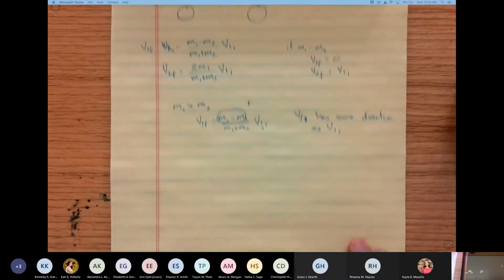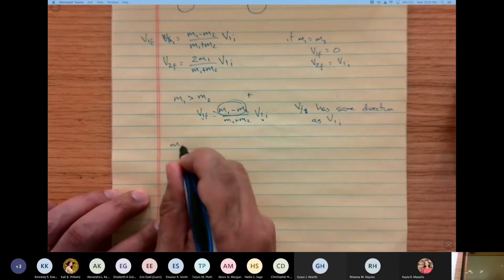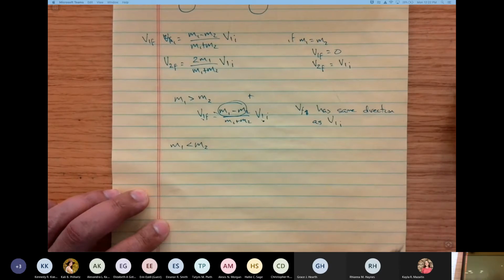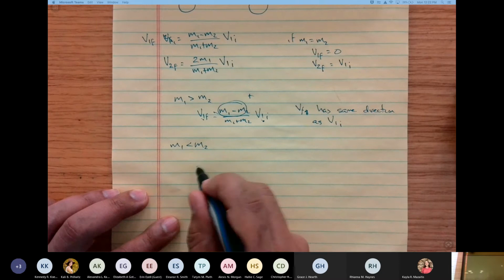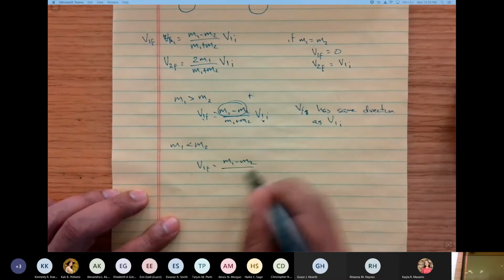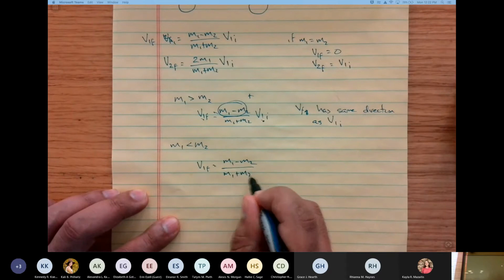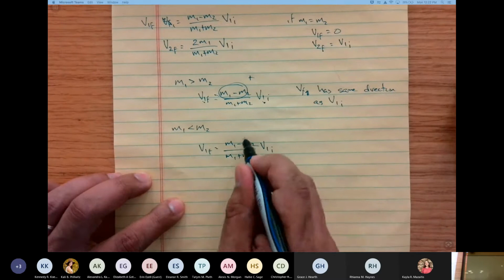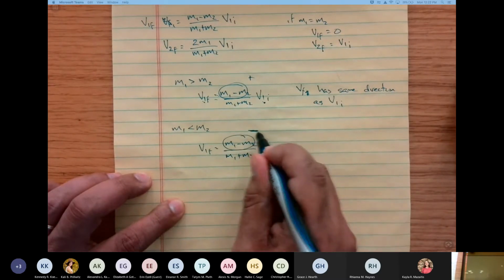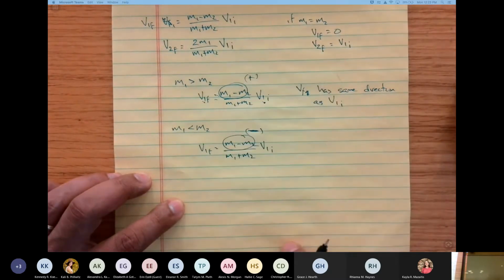And if m1 is less than m2, so you're hitting a larger object with a small object, imagine a tennis ball hitting a bowling ball. In that case, the numerator is going to be negative. That means that the final velocity of 1 is bouncing back.